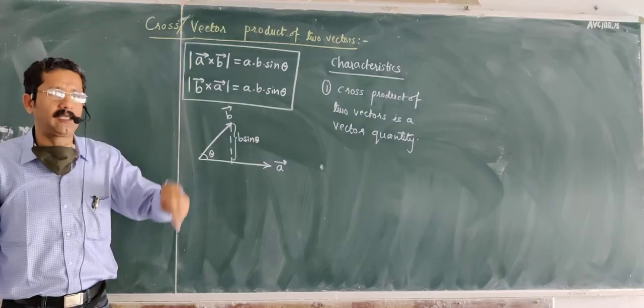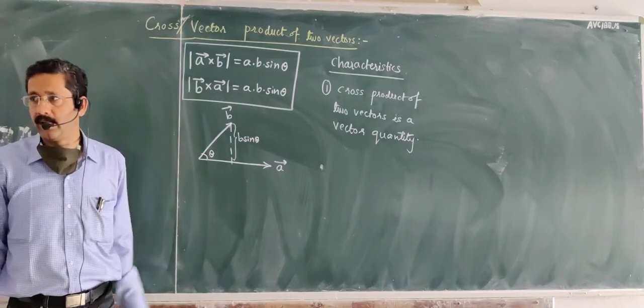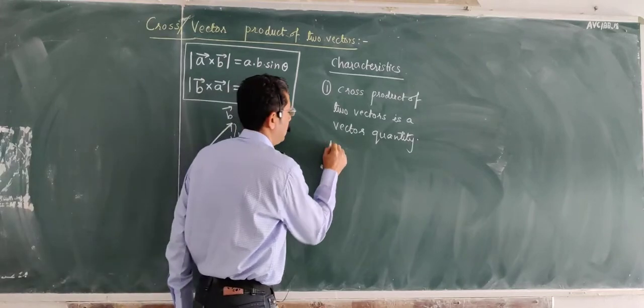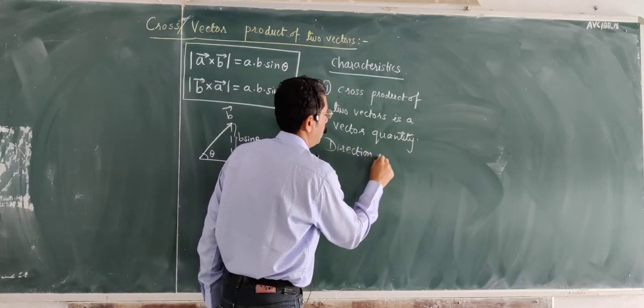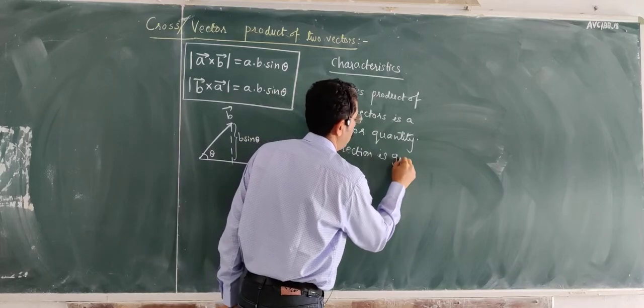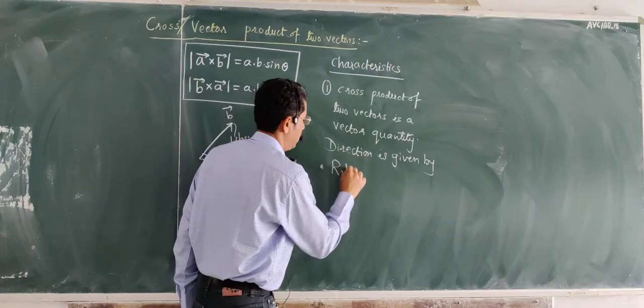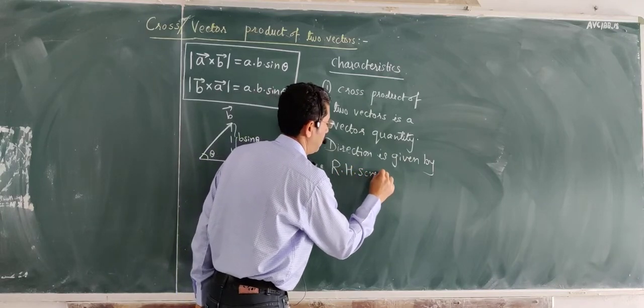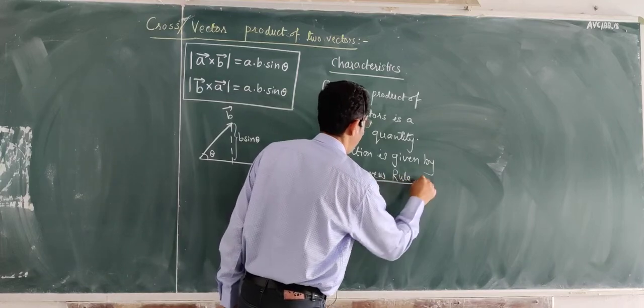How is its direction given? The direction of A cross B is given by the right hand screw rule. Mostly it is written like this: RH screw rule.